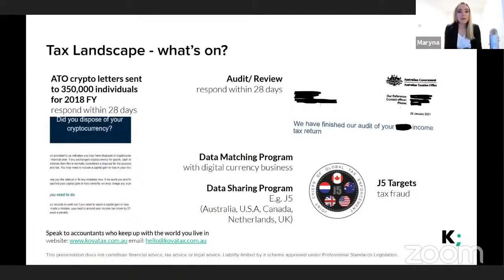The data matching program is already working and the ATO has already obtained a lot of information from the larger Australian exchanges. As you can imagine, anyone who wants to stay in business in Australia would follow the guidelines from the ATO and have to cooperate and collaborate.